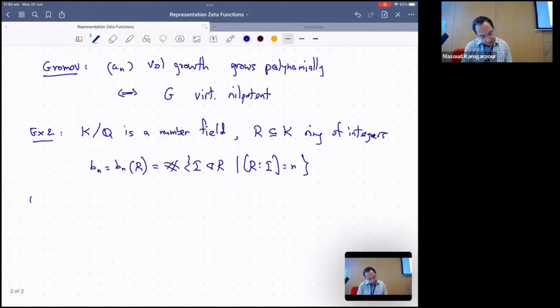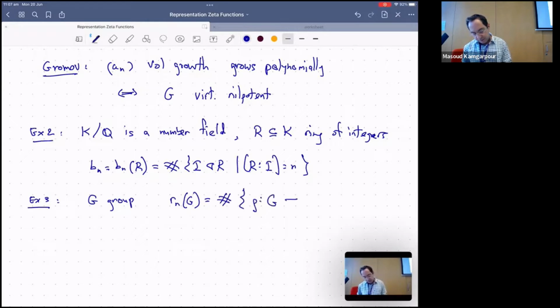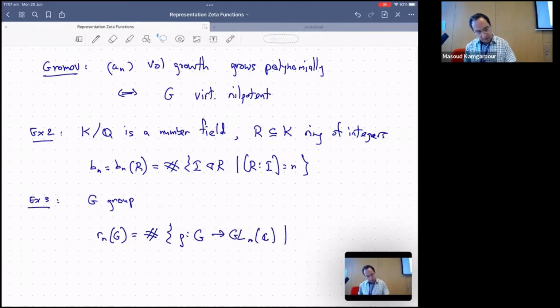And the third example, which is what we are going to study in detail, is the following. We take a group G, and the numbers that we are going to look at, r_n(G), is going to be the number of irreducible representations of G which are n-dimensional.